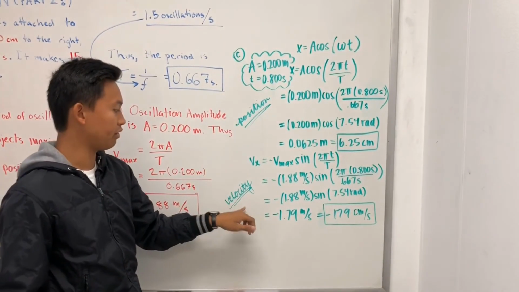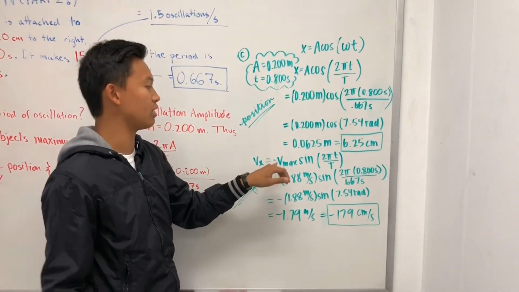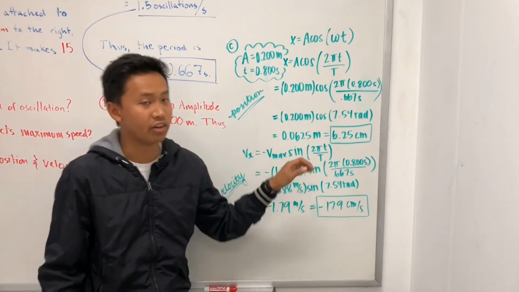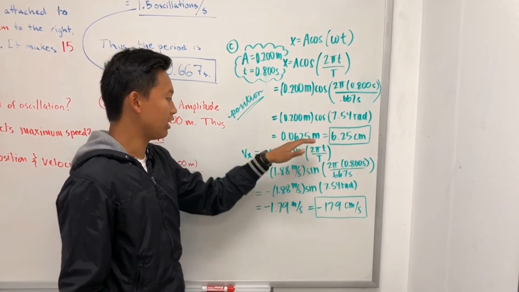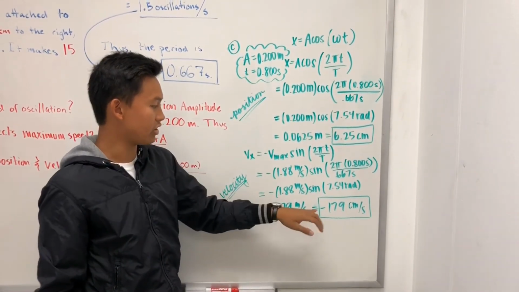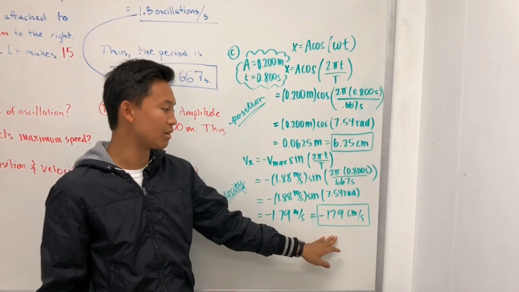Then we want to find velocity, which is given by the equation negative velocity max times the sine of omega t. You plug in all the numbers as well, and you get negative 179 centimeters per second.